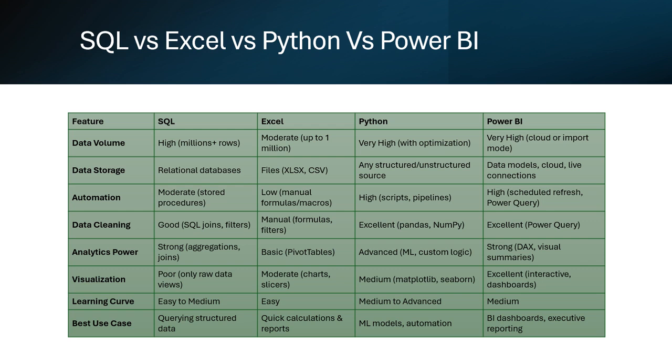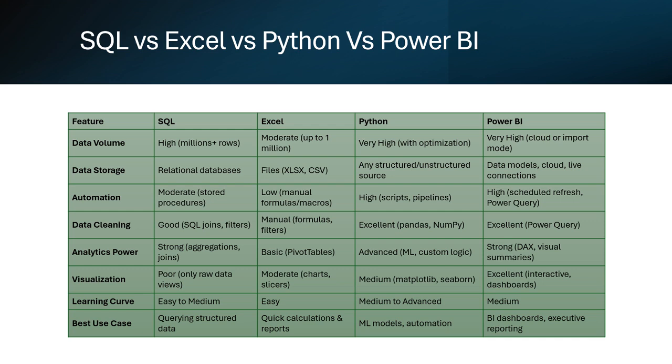Then on visualization, SQL is poor; it's only raw data views. In Excel, it's moderate because we have slicers and charts. Python is medium to good because we have Seaborn and Matplotlib. Power BI is excellent, with a number of visuals.